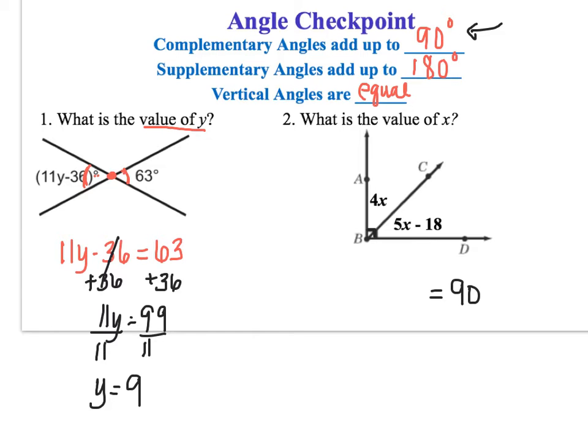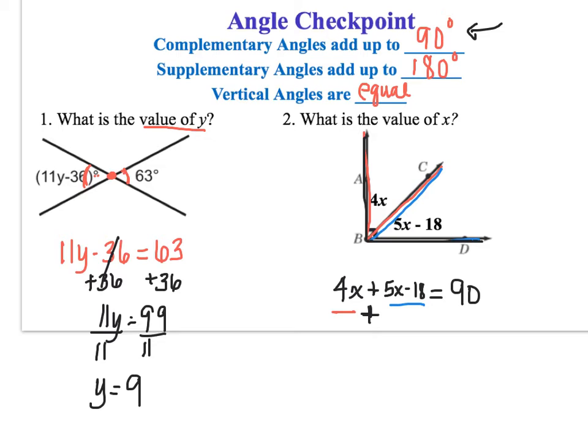Now my first angle is 4x. So the first angle plus the second angle, which is 5x minus 18, all has to equal 90. So my first angle, 4x, plus my second angle, 5x minus 18, all totals 90 degrees.